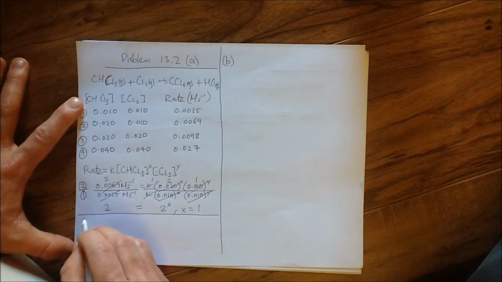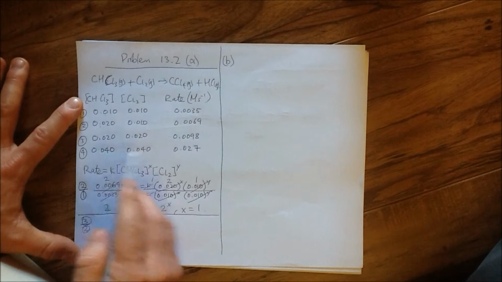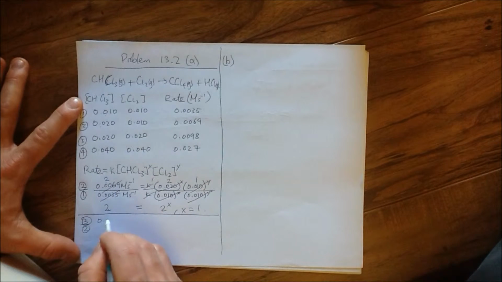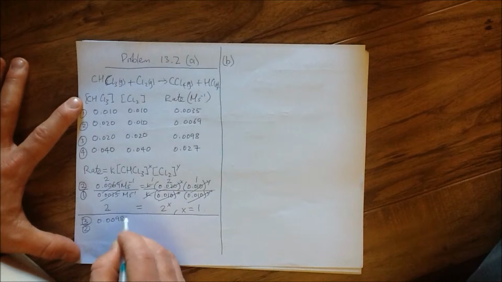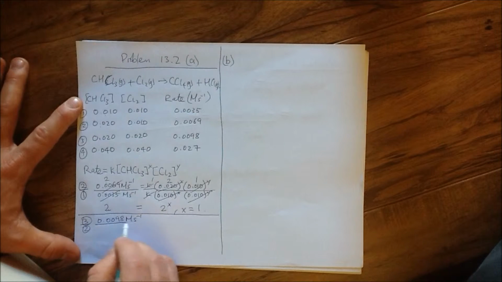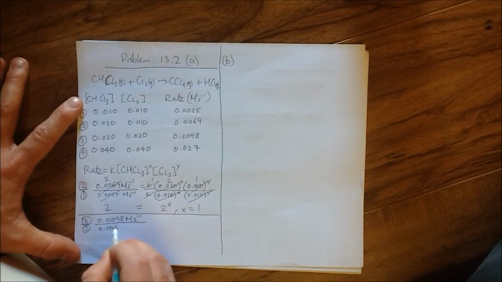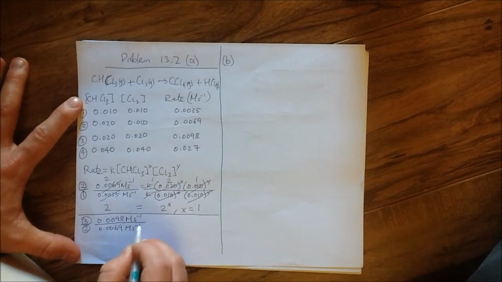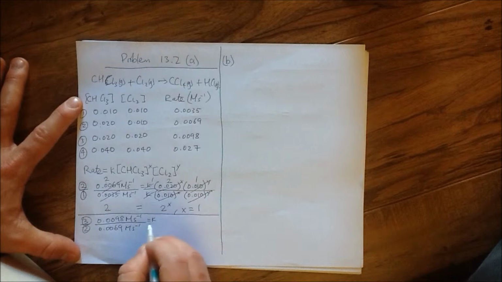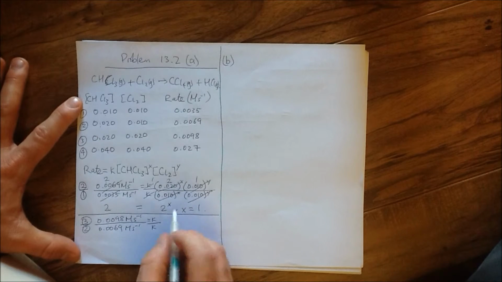Let's look at reactions 3 and 2. So we have 0.0098 molarity per second divided by 0.0069 molarity per second equals the ratio of the rate constants.